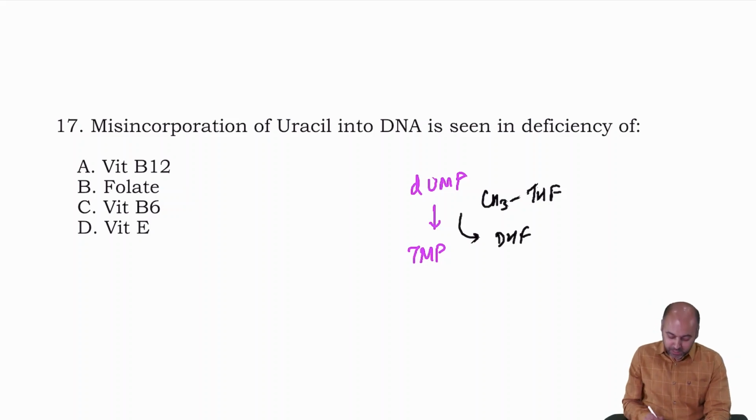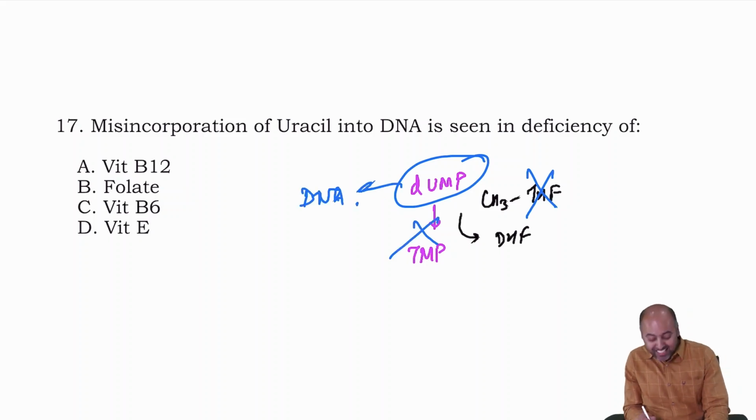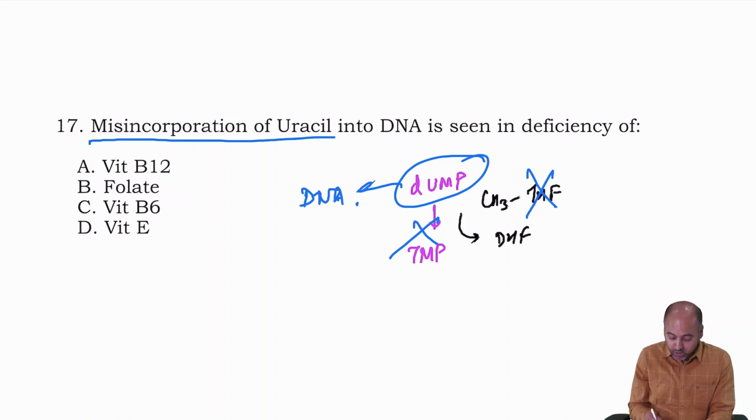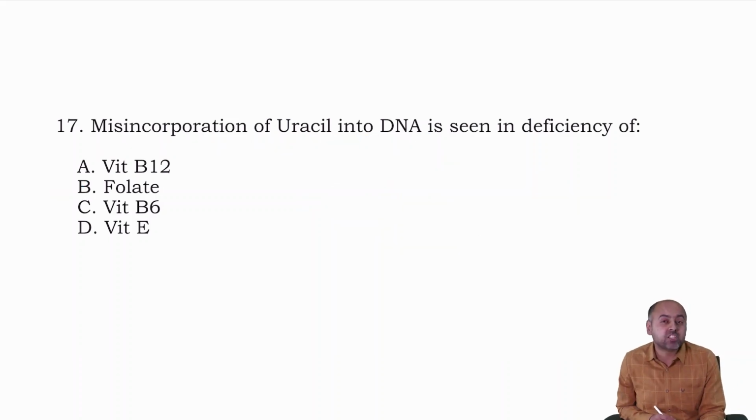Meaning if the tetrahydrofolate is not there, the TMP formation will not take place, and uracil can get incorporated into the DNA in place of thymine. So which is what is mentioned in the question. So your answer should be folate. Folate deficiency can result in misincorporation of uracil into the DNA.